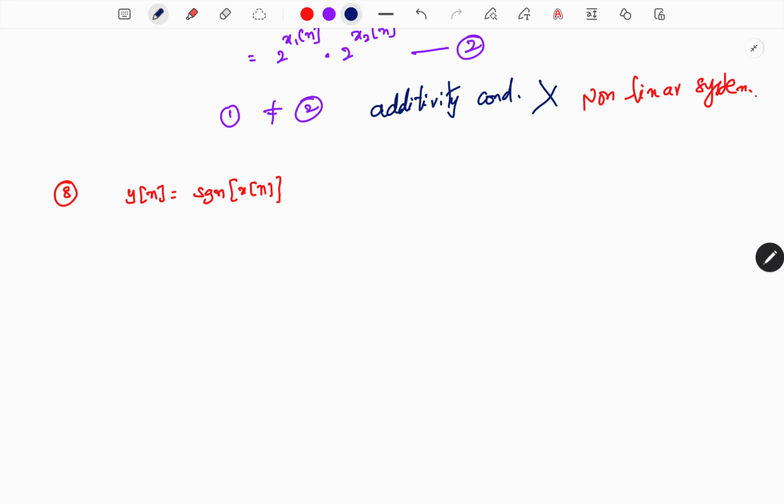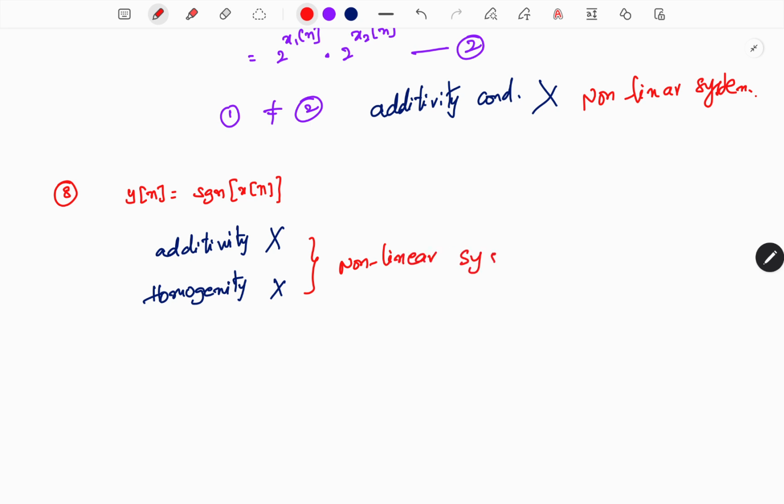We can say directly that it is nonlinear. It doesn't follow the additivity. Similarly, it doesn't follow the homogeneity also. So the overall system is a nonlinear system.